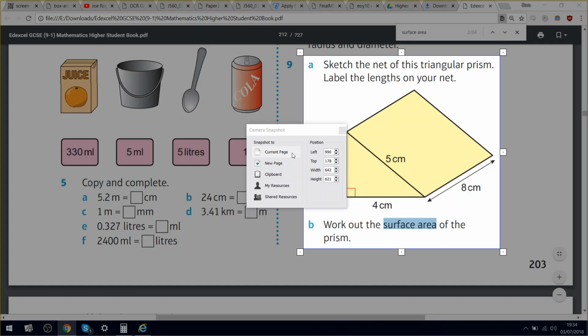So 5 times 8 plus 3 times 4. Then we need 4 times 8. And what shape is the 3 by 4?